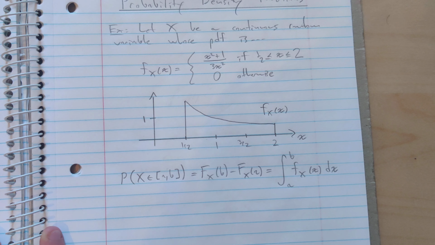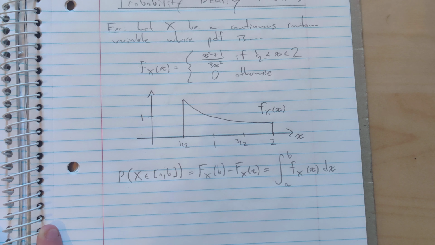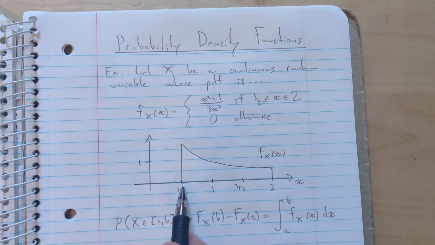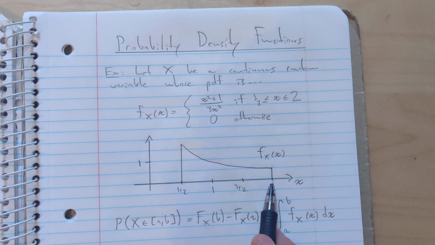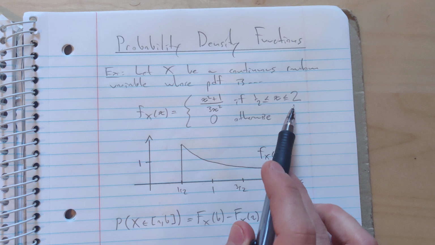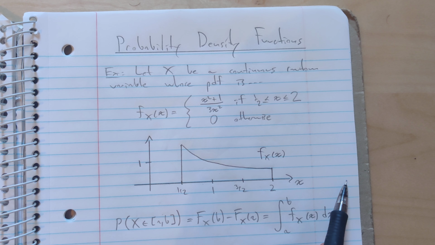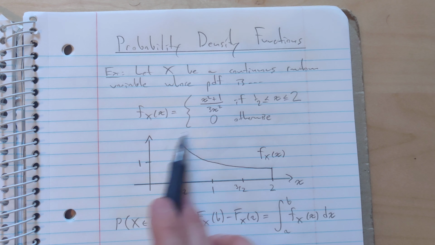Okay, so one thing that should be true is that if we integrate from 1/2 to 2, what's the probability our random variable takes a value between 1/2 and 2? Well, our PDF is 0 everywhere else, so it's got to be 100%.